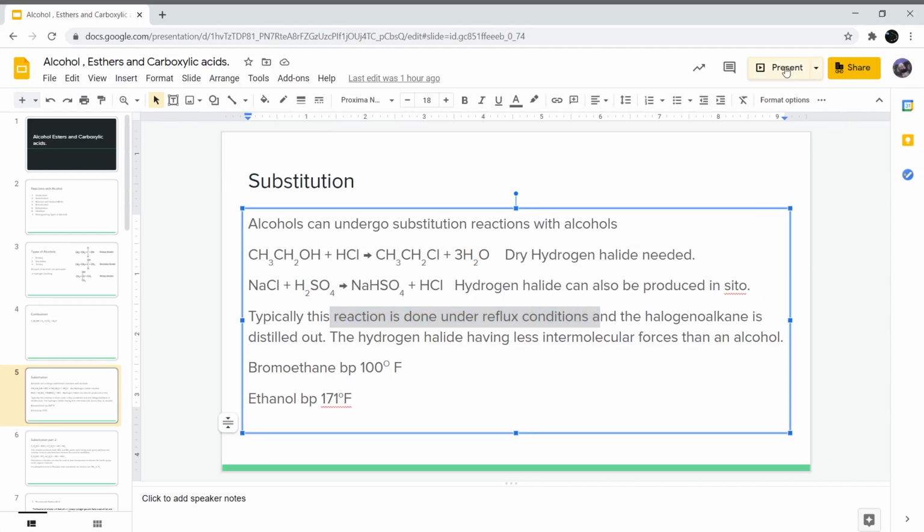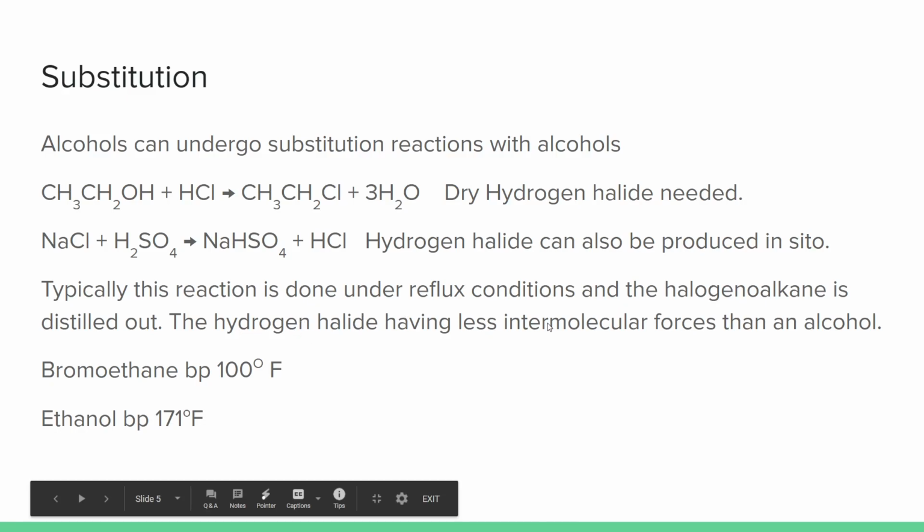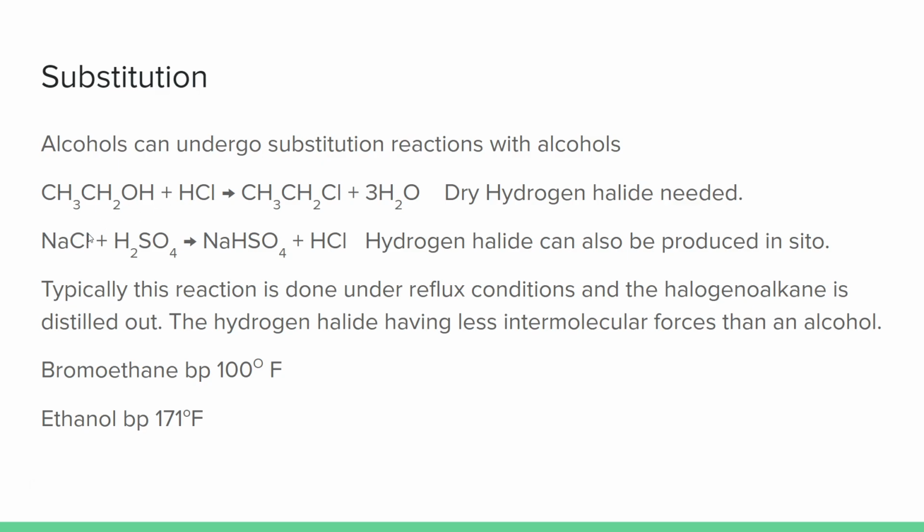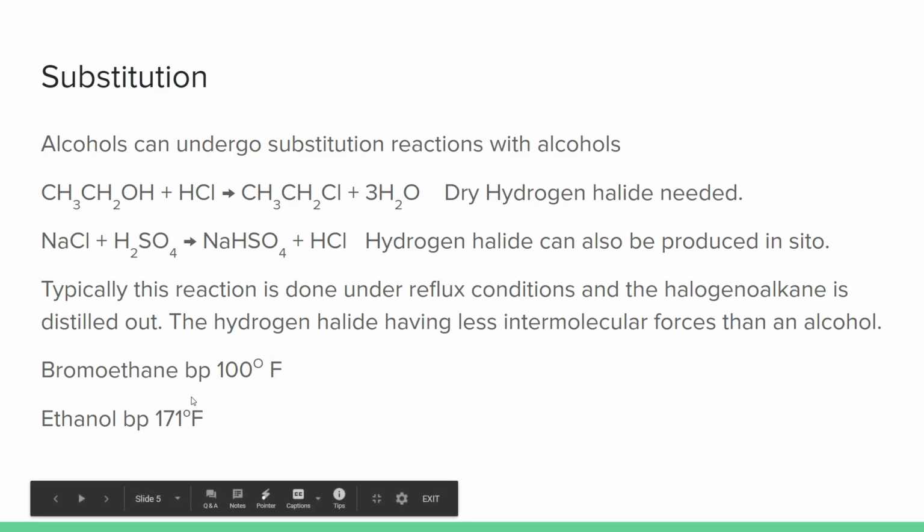This reaction is also done under reflux, and then we usually distill out our halogenoalkane. The reason that we can distill it out is that the halogenoalkane is going to have a much lower boiling point than the alcohol.